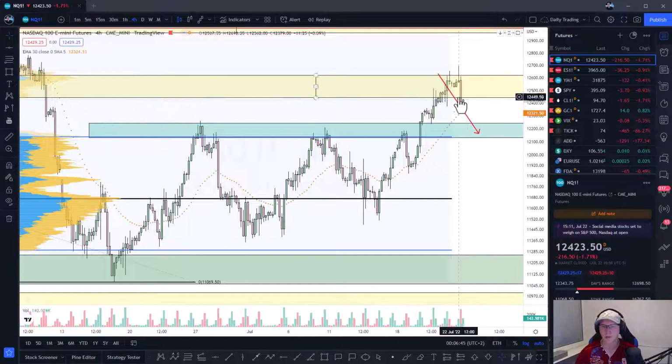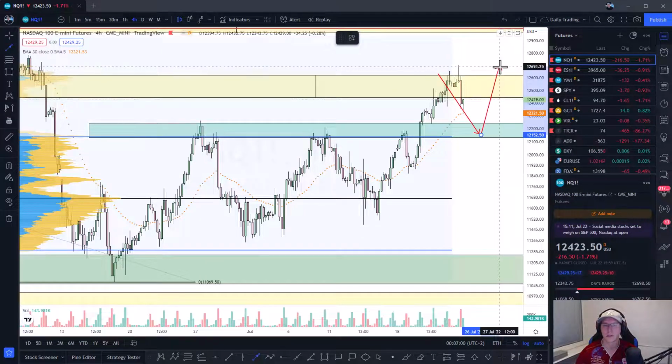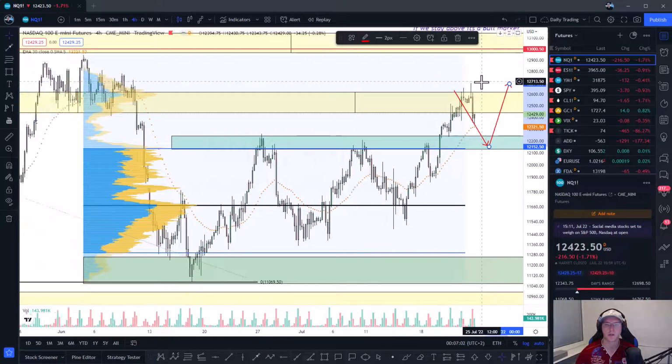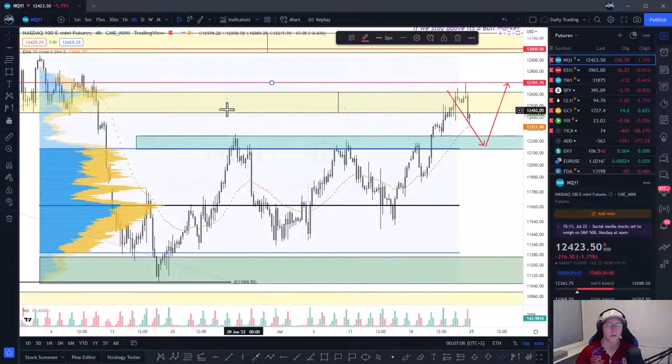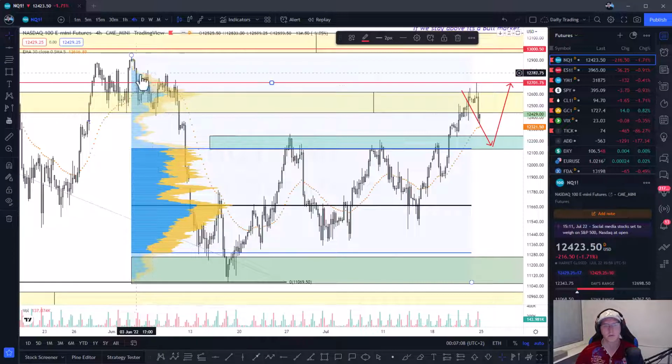As we can see, the market is now likely to go down and test this area of 12,000 again. And we could make a pop-up to these levels and try this level again. So this could be an interesting area. As we look at the volume profile at this area, we have a nice, lovely shape here.